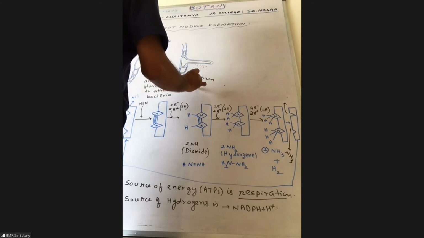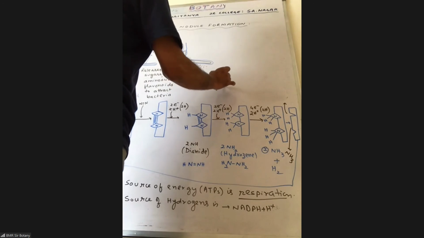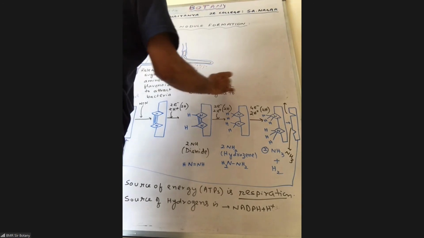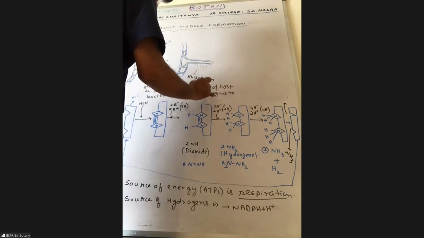And the host also releases lectins, which are sugar binding. Lectins of the host bind sugars to the surface of the root hair.